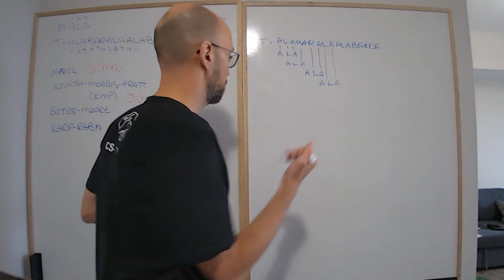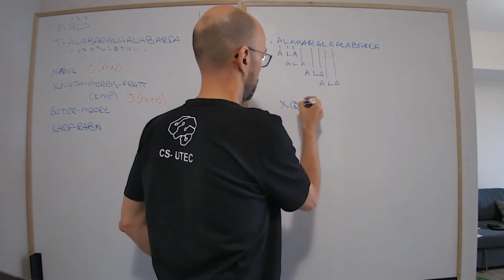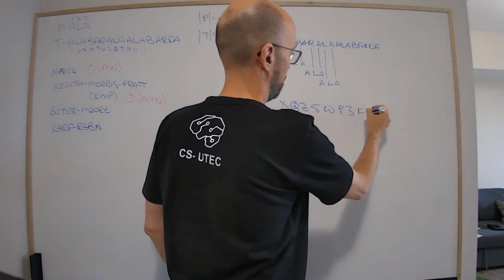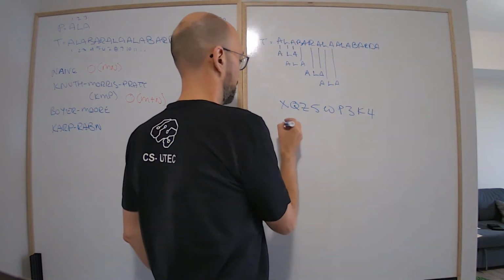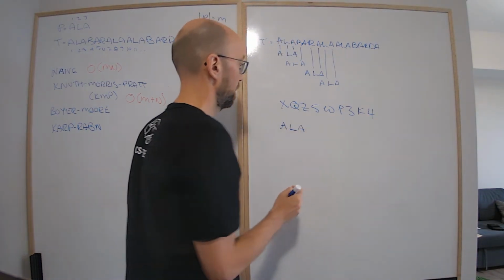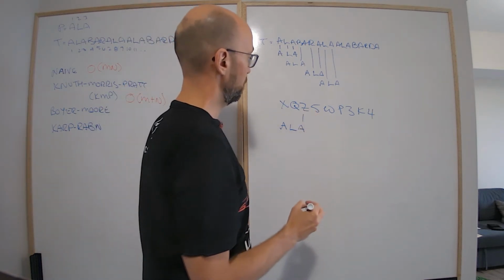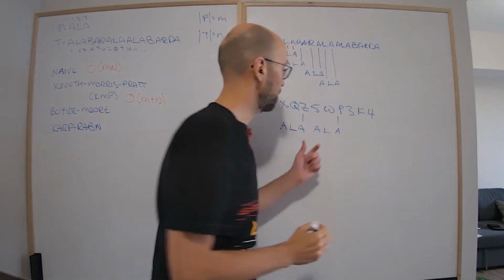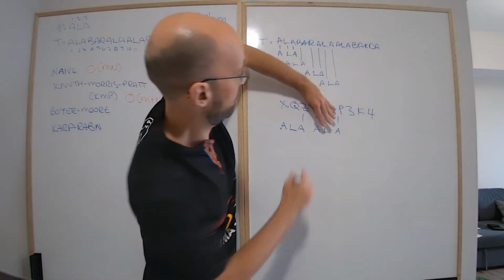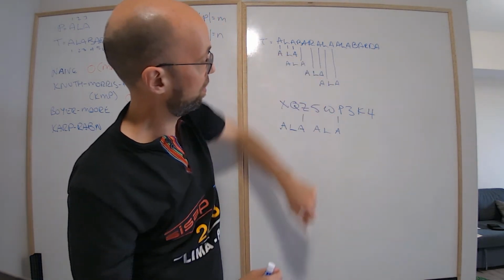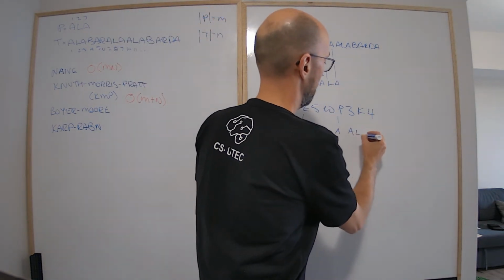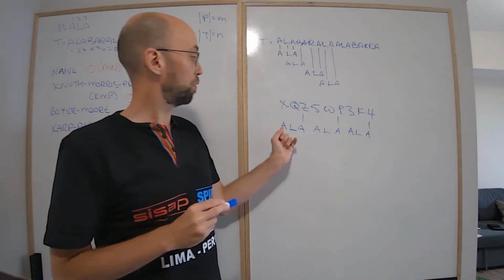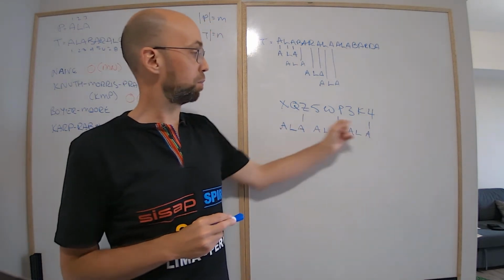If the text is X, Q, Z, 5, W, P, 3, K, 4, and the pattern is ALA, you would do a comparison here and then slide the pattern and say, okay, the next place ALA could occur, I haven't looked at this stuff yet, would be here. I do this comparison, and then I would do this, and I would end up doing only one comparison for every m characters, if the alphabets are completely different.